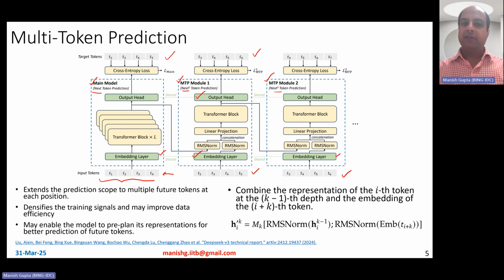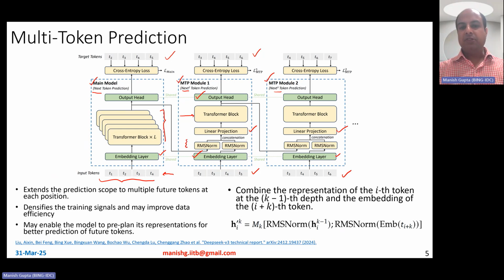Also, the output head, which connects to the vocabulary size layer and predicts the next token, is also shared with the main model. Rather than having L different transformer layers as in the main model, these MTP modules have only one transformer block. This is not shared. They have their own weights. There is also a linear projection layer, as you can see, and then there are these RMS normalization layers.